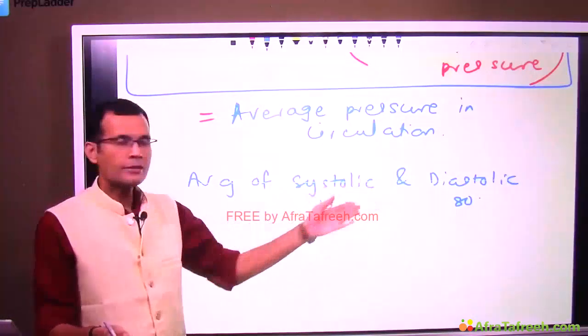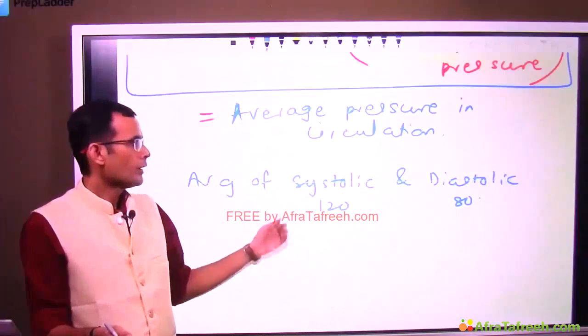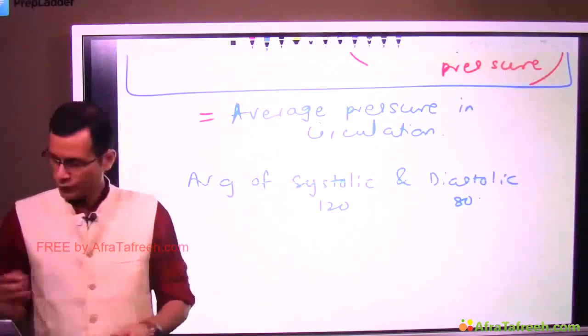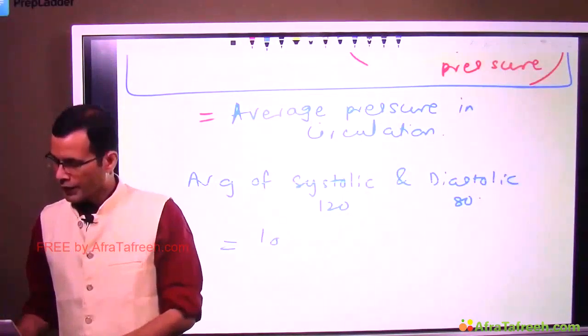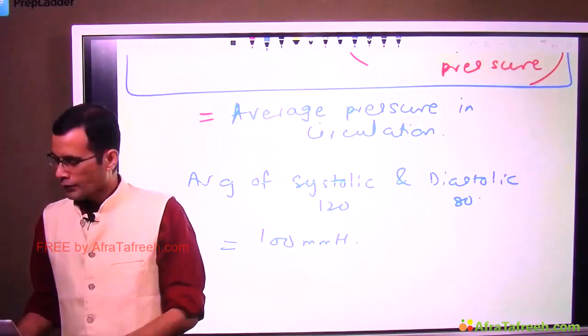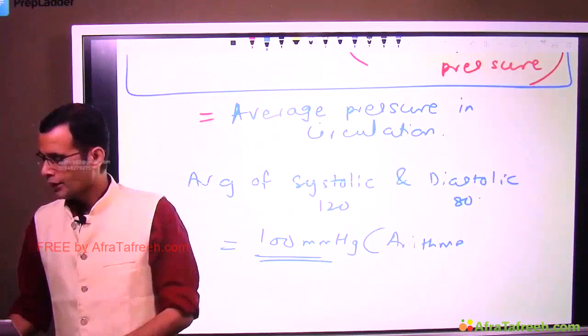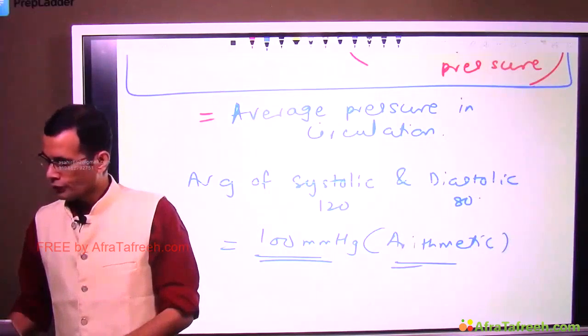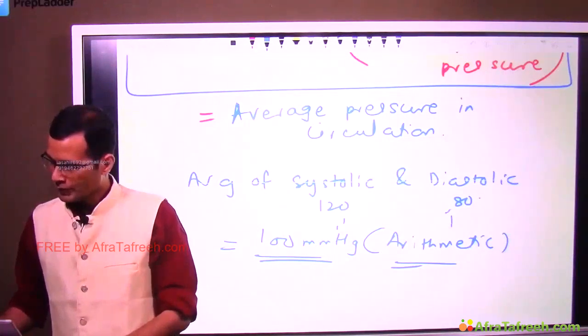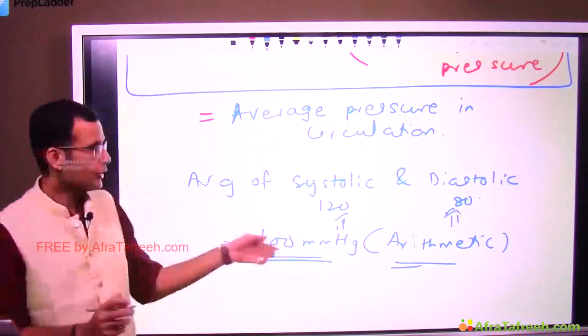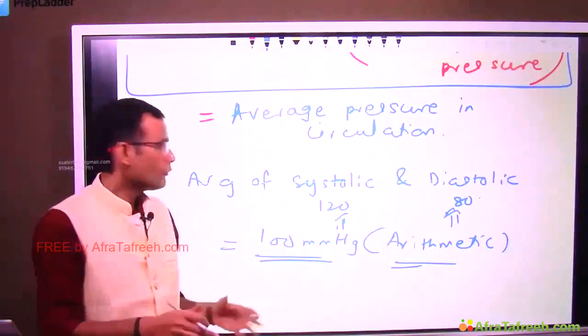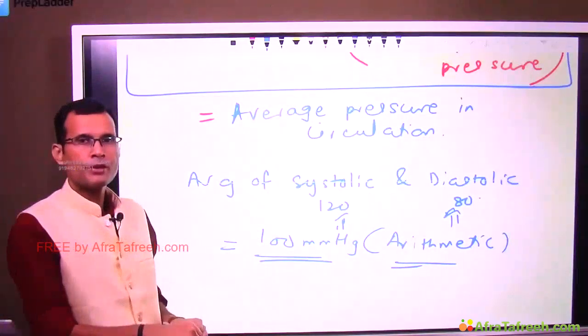So 120 plus 80 upon 2, that is 200 upon 2, and that will be 100 mm of Hg. The arithmetic average of these two, 120 and 80, systolic and diastolic, would be 100 mm of Hg.